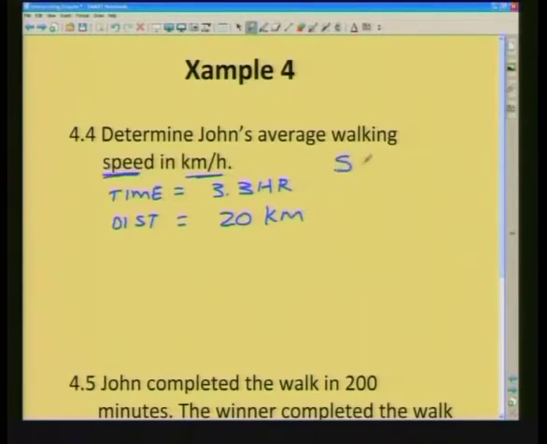Remember that speed is equal to distance over time, and they want it in the units kilometers per hour. So all I've got to do is take my 20 kilometers divided by 3,3 hours. And if you do that on your calculator, you would get an answer of 6,1 kilometers per hour. So that's John's average speed for the walk.